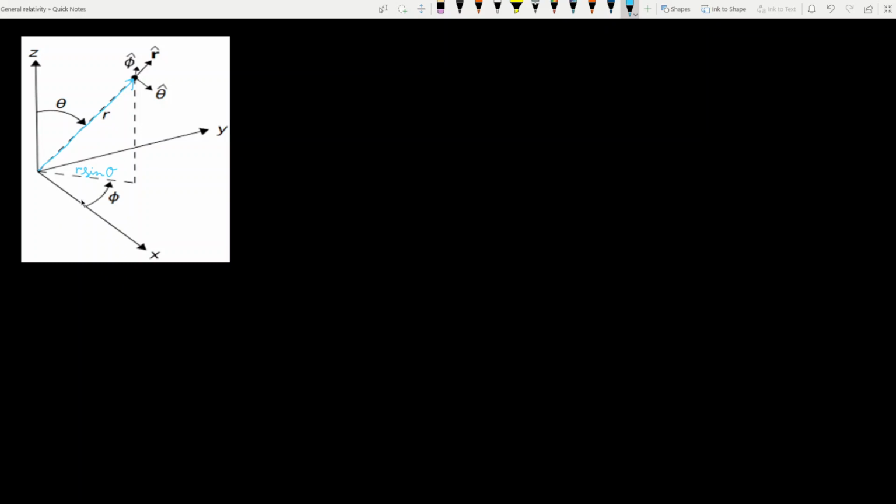And so this x coordinate would be r sine theta cosine phi, and this vertical section right here would be r cos theta, and this y coordinate would be r sine theta sine phi, and the z coordinate is just r cos theta.